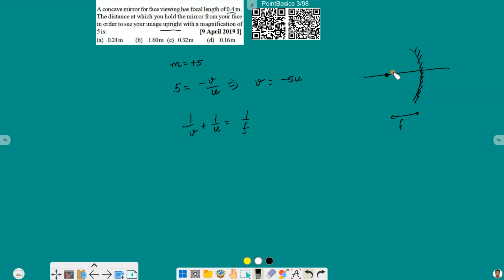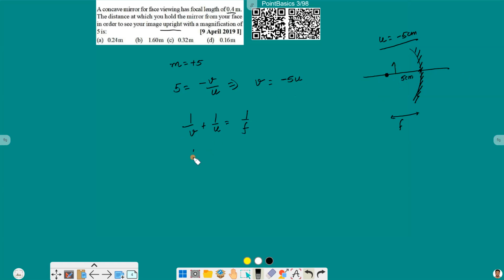As the image is virtual, our object is somewhere between the focus and the pole of the mirror. Now if we have a value for it, suppose this is 5 centimeter, then U will be negative 5 centimeter. But if we are taking it in terms of X, Y or Z, then we will not add this extra negative sign. We will use it as it is. Only when we have numbers, we will add negative and positive signs.